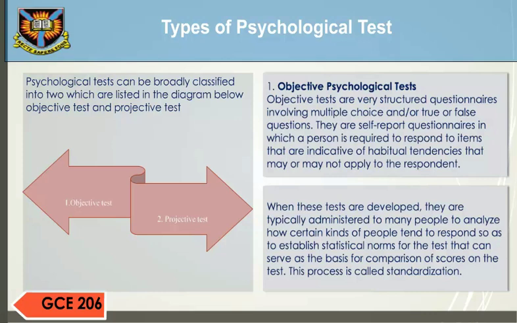When these tests are developed, they are typically administered to many people to analyze how certain kinds of people tend to respond, so as to establish statistical norms for the test that can serve as the basis for comparison of scores on the test. This process is called standardization.